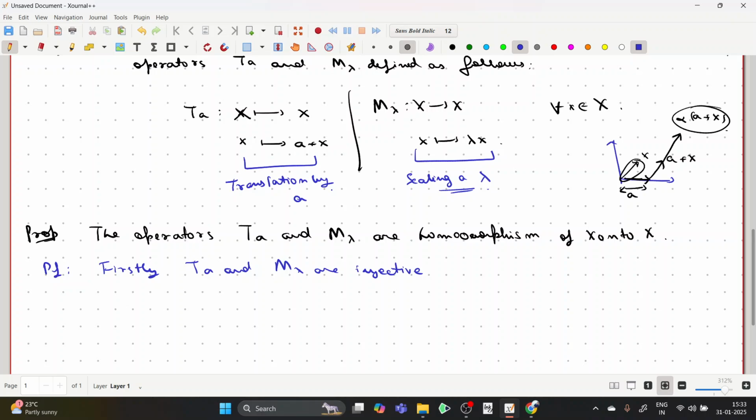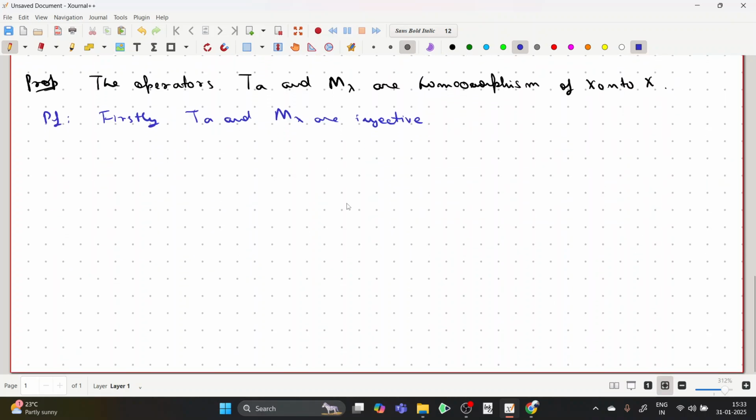I am having X as a vector space, and it's an additive abelian group, as a quick recall. So all the group properties will hold here, and the cancellation will also hold here trivially. In some sense, you can actually observe immediately that it's injective. No explanation is needed.